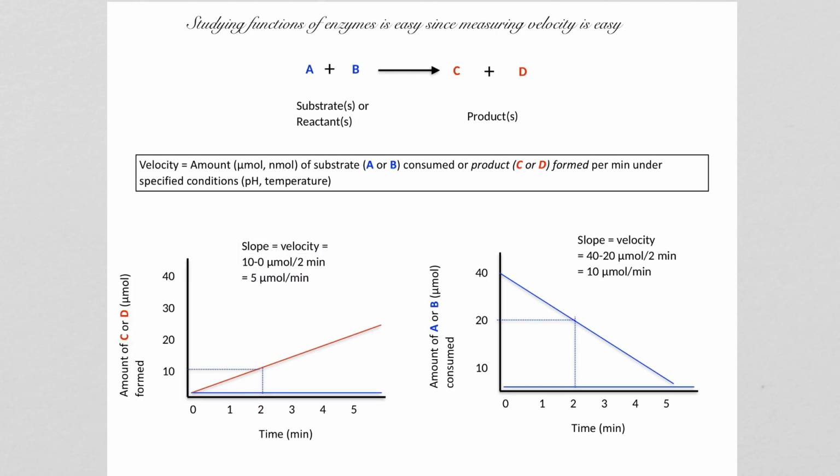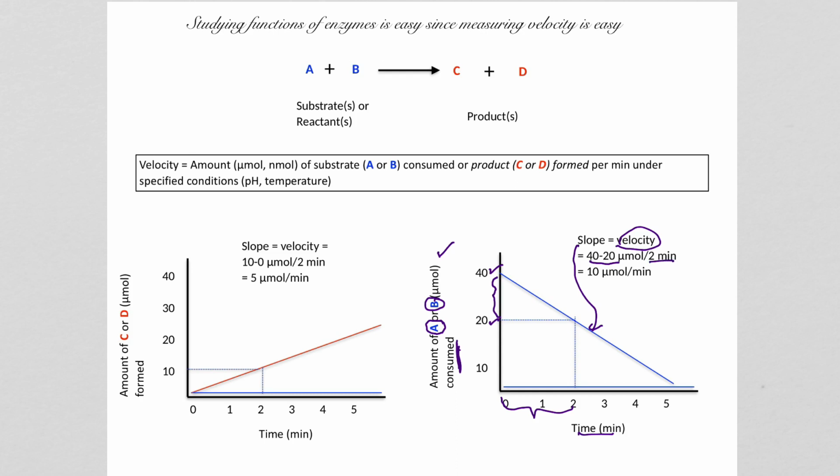Now in the graph shown on the right-hand side, we are following the amount of substrate A or B that is consumed with time. So in this case, we can determine once again the velocity by determining the slope of the line. So for example, in this case, we have the amount of substrate going down from 40 to 20 micromoles, so 40 minus 20, and this is happening in 2 minutes.